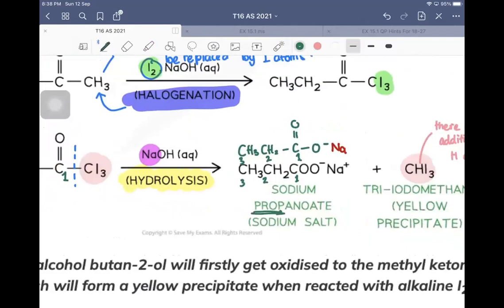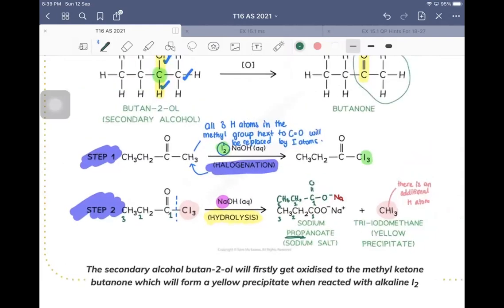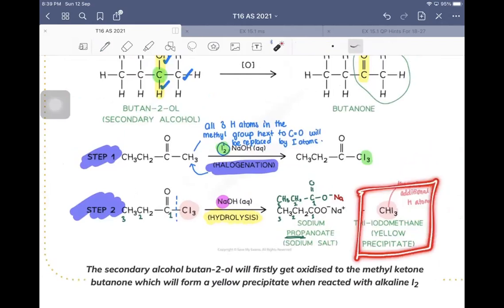And then the other product is the CHI3. And this is what we call triiodomethane, triiodo since there are 3 iodine, methane because there's 1 carbon. And this is the species that is producing the yellow precipitate.